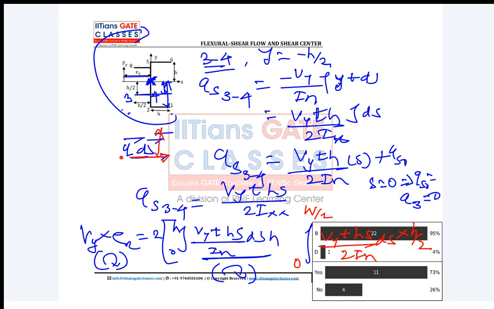What does it give, clockwise or anti-clockwise? Going 3 to 4 we got plus, so the moment about this point is anti-clockwise. So what sign will come here, plus or minus, guys?